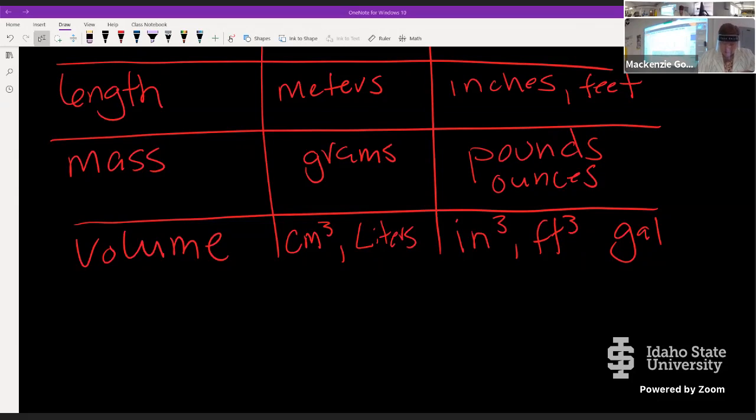And then, okay. So now we're going to talk about a couple of the units that we're specifically discussing in this class, right? So let's see.